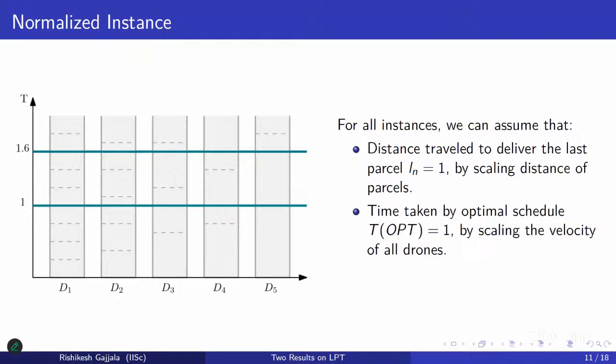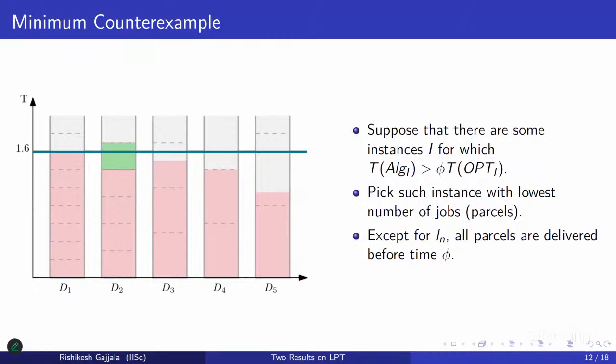Now let's see what the minimal counterexample I talked about is. Consider all the instances where the approximation ratio is greater than 5. We have some instance I. It should be the case that the time taken by our algorithm is greater than 5 times whatever the optimal algorithm can do. Now, among all such instances, I want to pick the instance with as few jobs as possible.